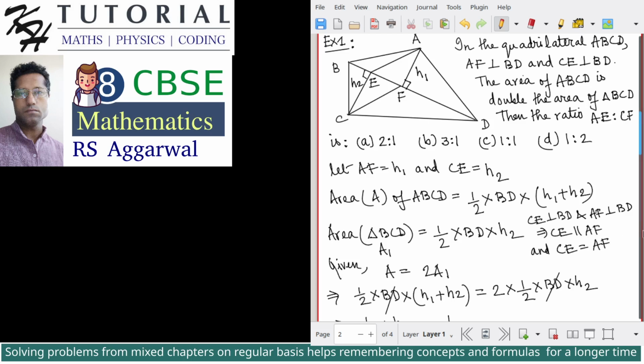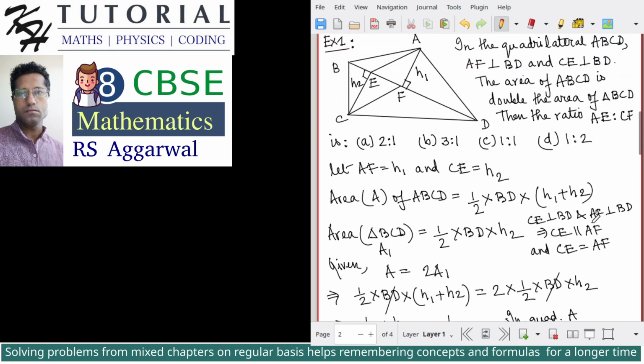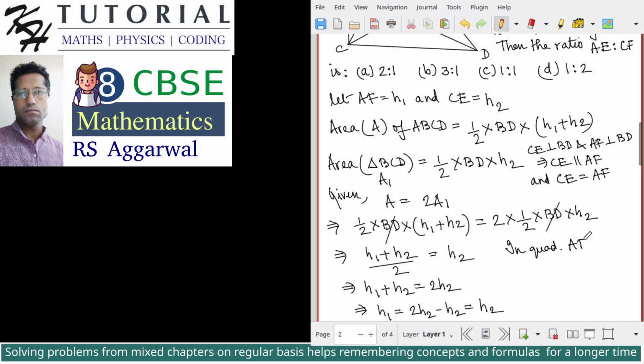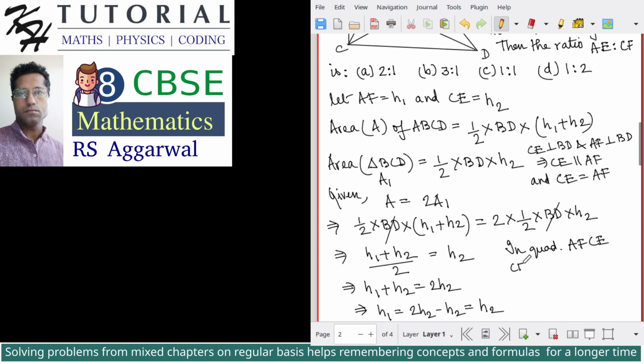So in quadrilateral AFCE, CE is parallel to AF and CE is equal to AF.